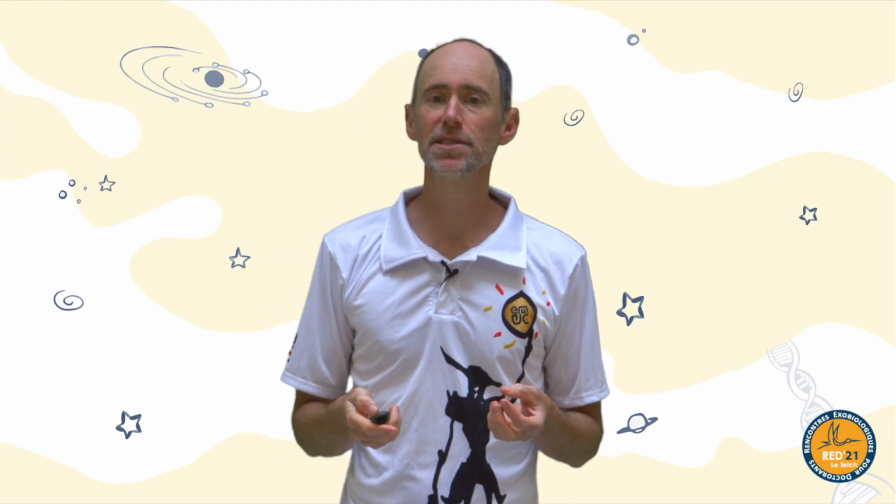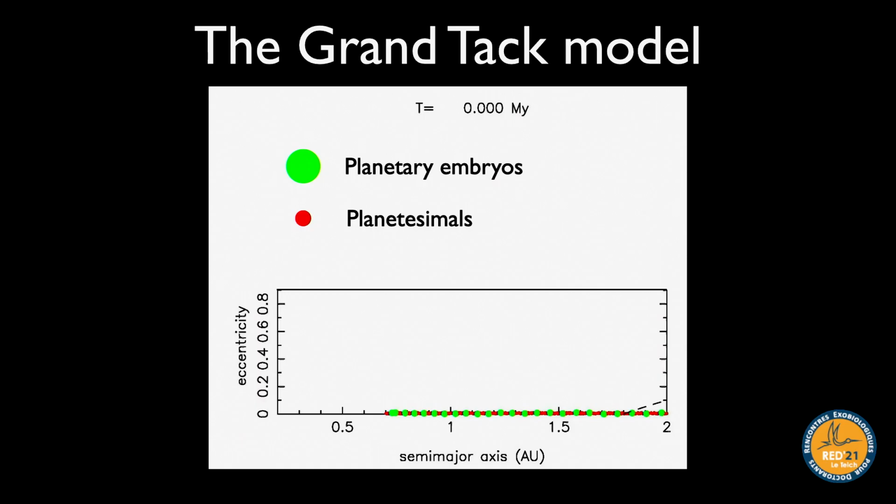Here is a very simple simulation of the Grand Tack model. And what's happening here is basically there's a disk of green planetary embryos and red planetesimals, and Jupiter migrates inward and then turns around and goes back outward, right? And what's left is kind of, we went from a disk into a ring.